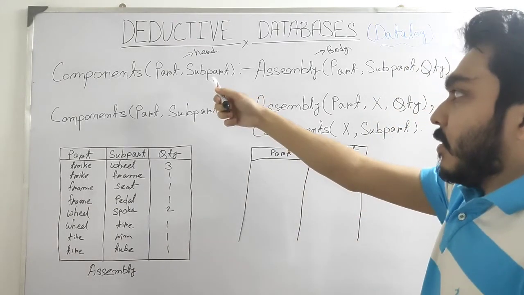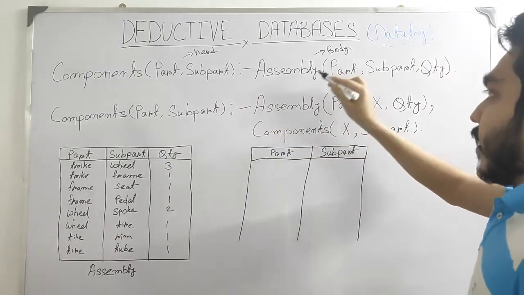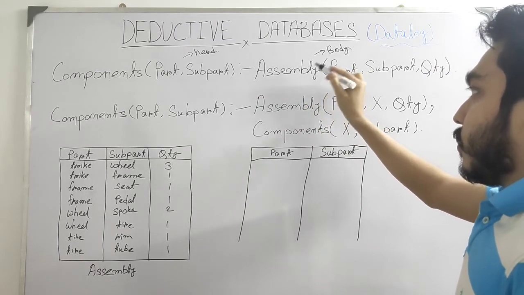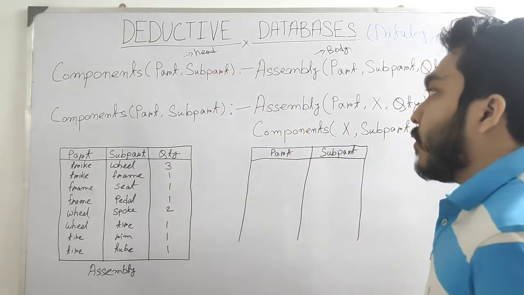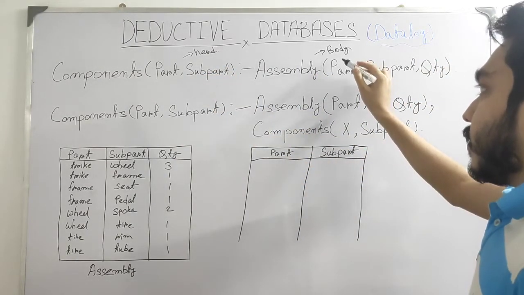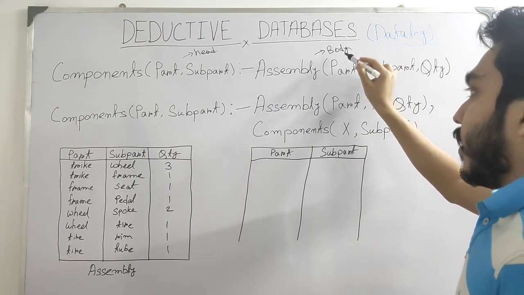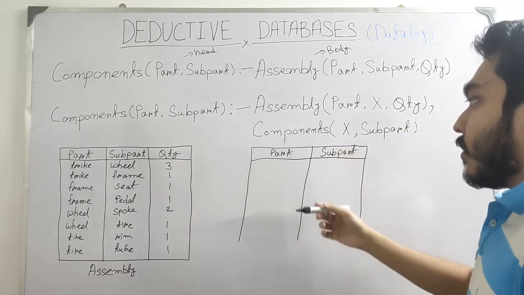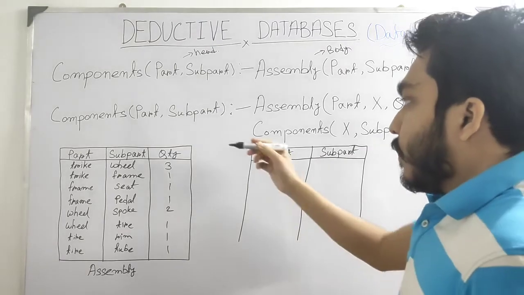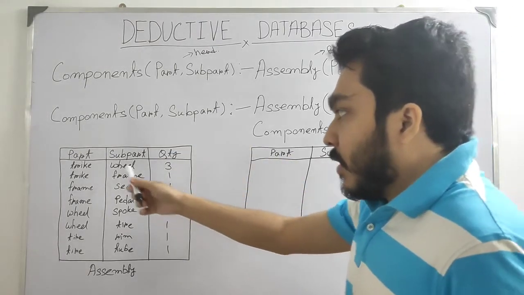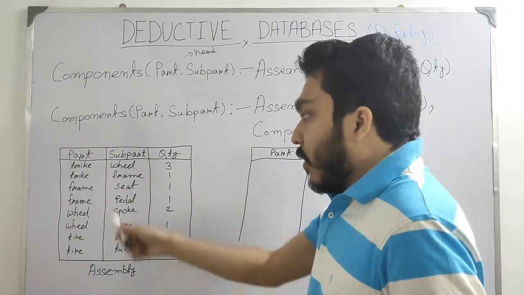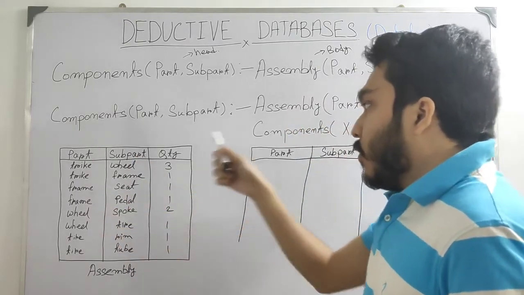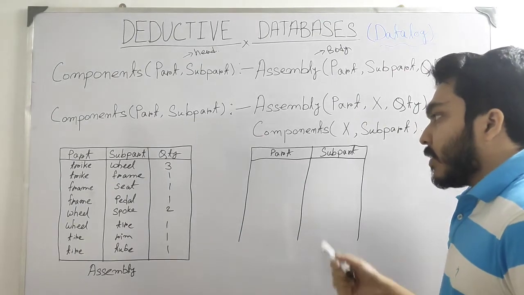Our first rule says that if there is some tuple in assembly, then those tuples should be present in component, because if there is something present in the body, then that should be present in the head. So in our first iteration we can have everything, because all the tuples present in assembly can be moved to the component relation.